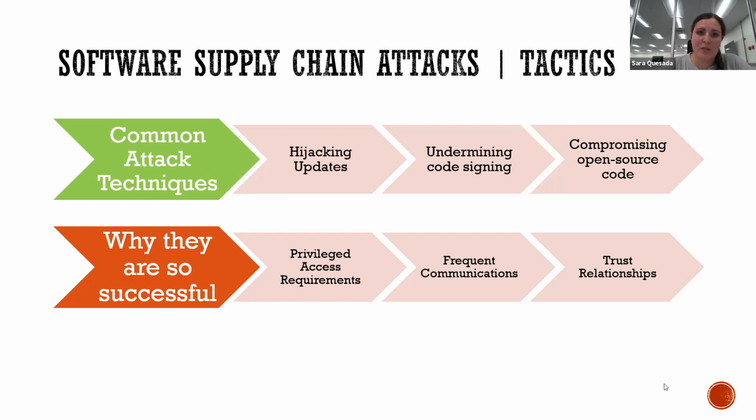So hijacking updates, we kind of touched on this a little bit, but any security-minded software vendor is going to provide support and maintenance for the software that they're distributing. You want that from your vendor. Everything from freeware such as Adobe Reader and Java to licensed software such as from Microsoft and Oracle.